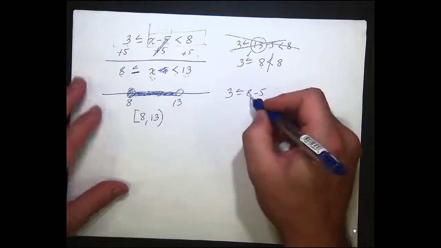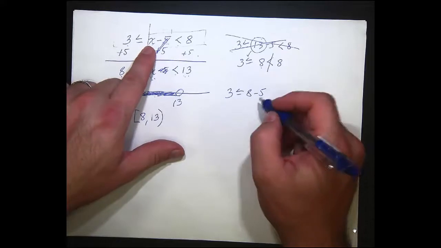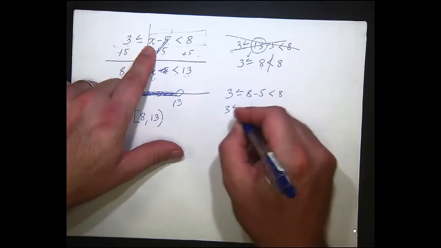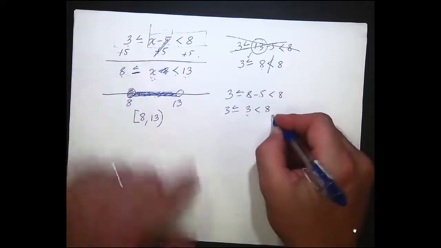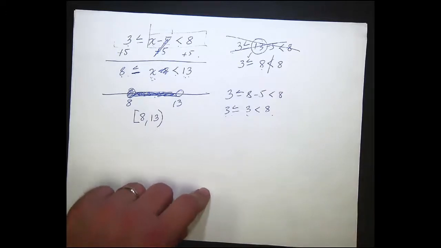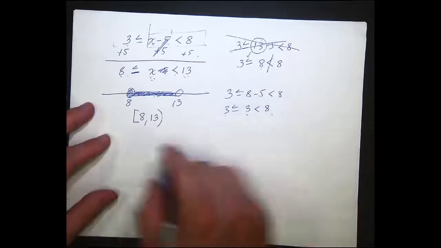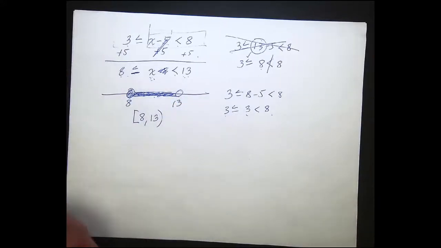I'm substituting x with 8. So 8 is taking the place of x, so let's see what I get. 3 is less than or equal to 3, which is less than 8. Well, 3 is certainly less than 8. Is 3 less than or equal to 3? Yes, it is. So any value in that interval satisfies the inequality.